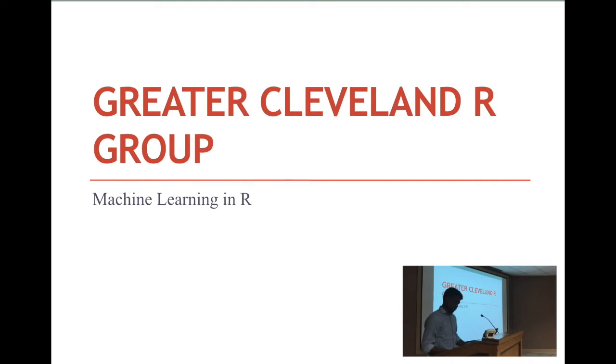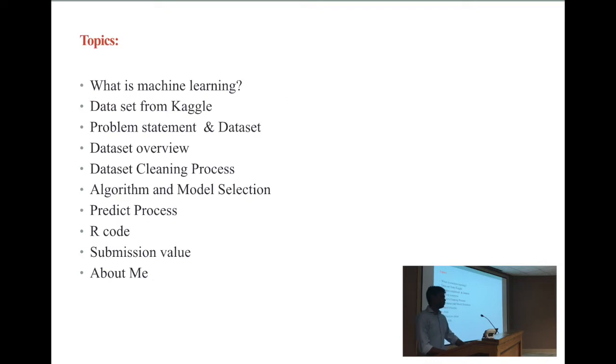Okay, so these are the topics I'm going to discuss today. What is machine learning, and what kind of data sets I got from Kaggle for my competition, and then what the problem is, and how we are going to see the data set.